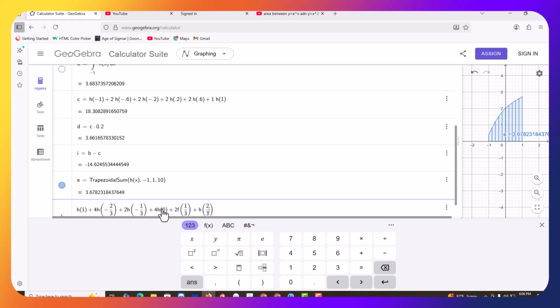And then finally, hold on, I forgot to put a 4 in front of that. That would have been a big whoopsie. Okay, 4. And then finally, plus the function's value at 1.